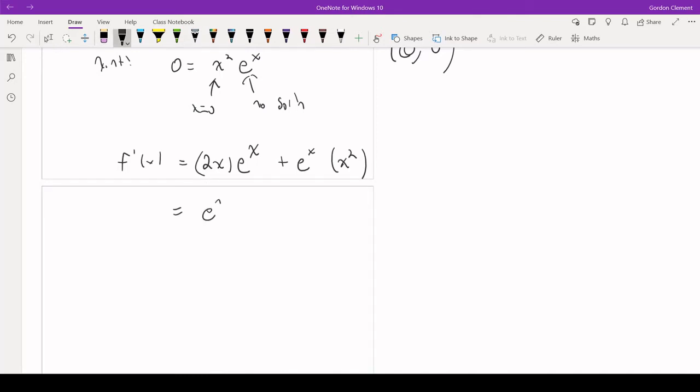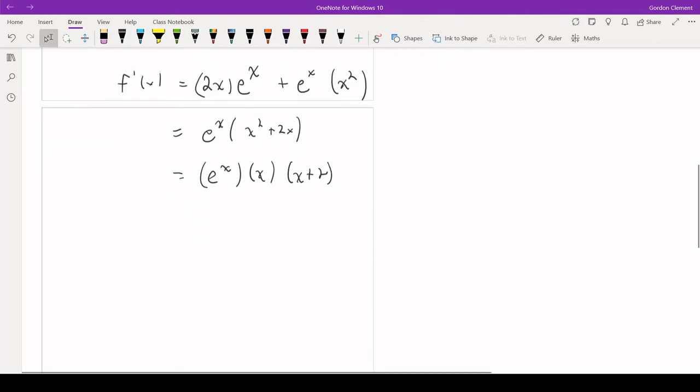So I get e to the x times x squared plus 2x, if I write them in the other order to be fancy, which further factors into e to the x times x plus 2. So that gives us, again, no solutions from e to the x. That's never 0. x equals 0 or x equals negative 2 are the spots where the derivative is 0.